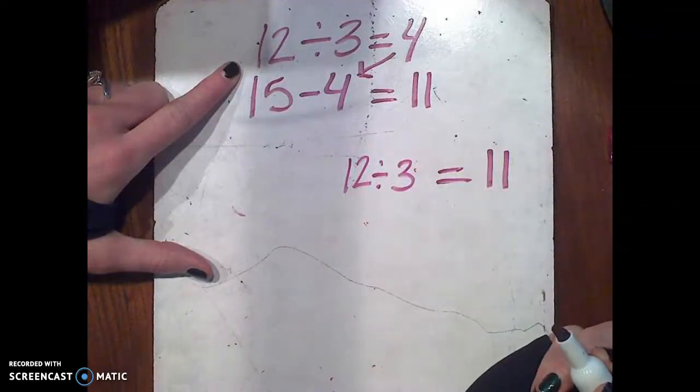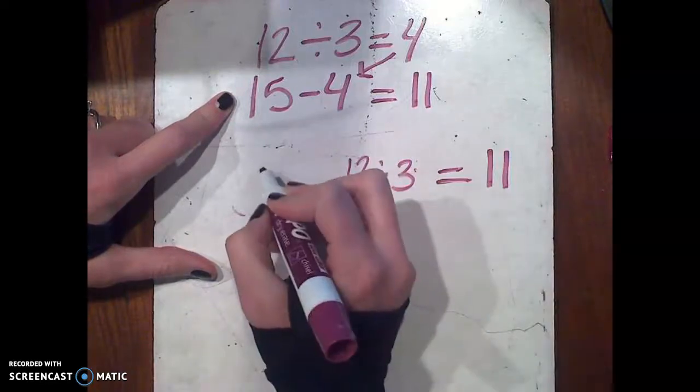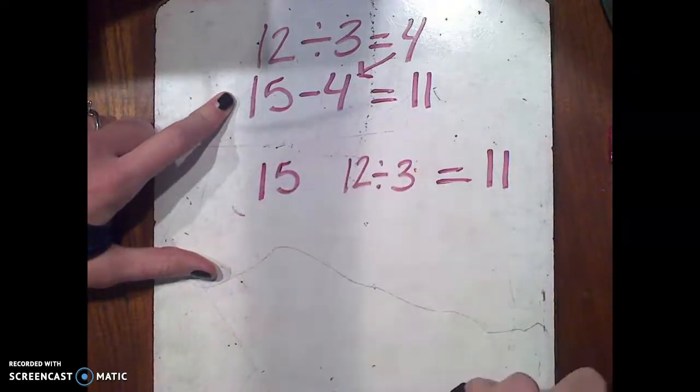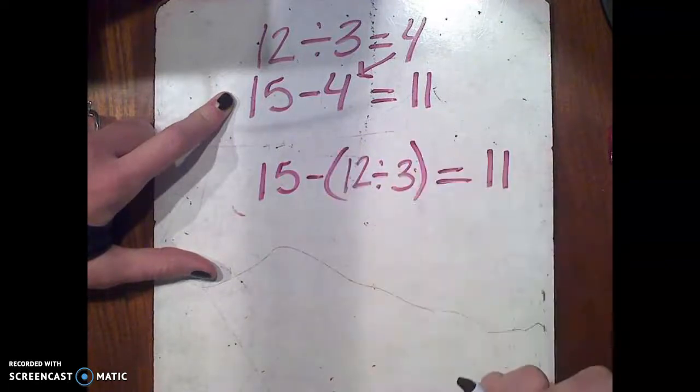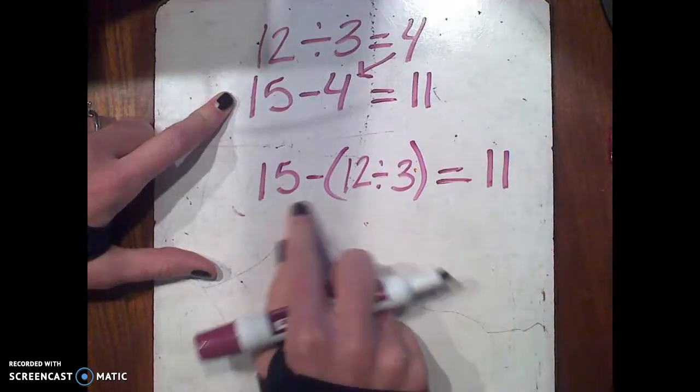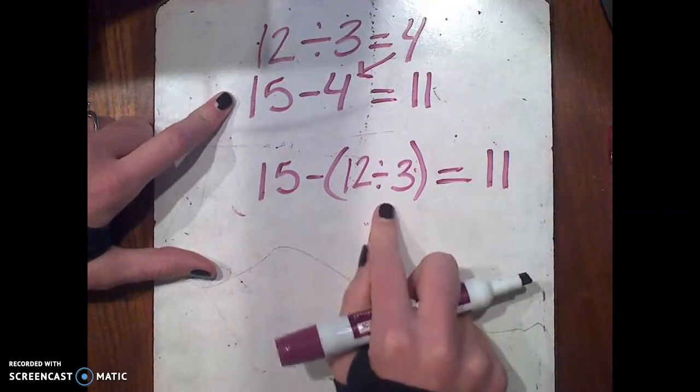Now, I also know that I need a 15 in there. So I am going to put my 15 right there. I'm going to put my takeaway and then my parentheses. 15 minus 12 divided by 3 equals 11.